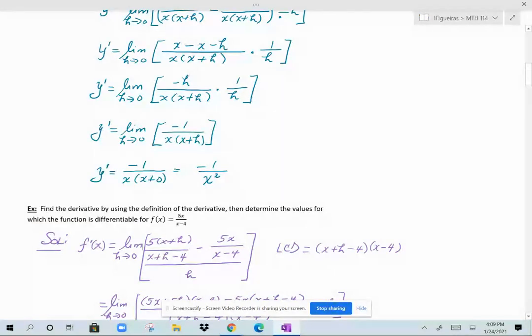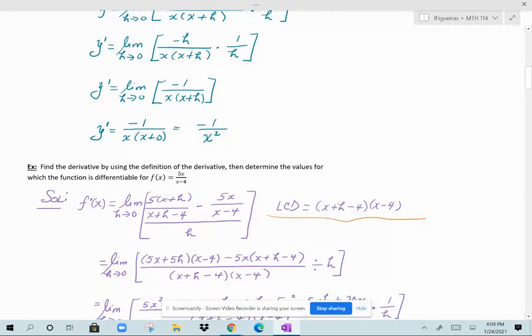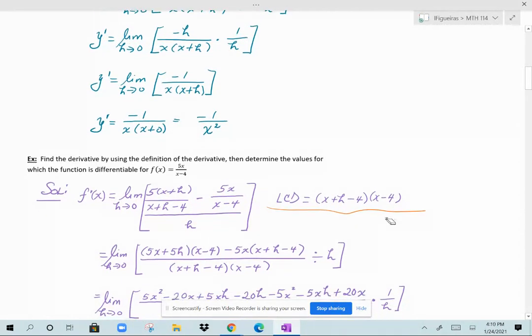exist. So just like in the last problem, when I use the definition for the derivative and apply it to this function, I get 5 times x plus h over x plus h minus 4 minus f of x, which is just 5x over x minus 4, and then the whole thing is divided by h. Just like the last one, I need an LCD. So that's x plus h minus 4 times x minus 4.